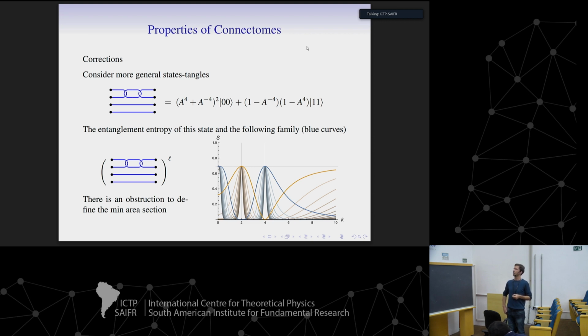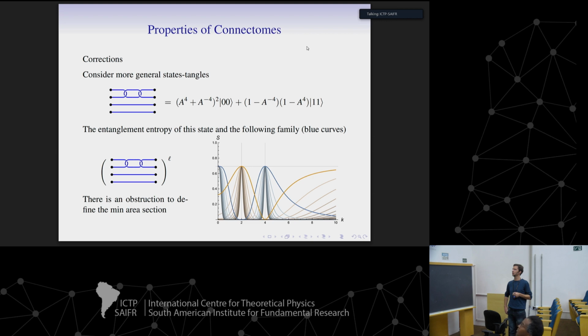You can consider a whole family of states by taking the Lth power of this combination, concatenating the same diagram many times. Here you see that the entropy as a function of k, except for a few values of k, especially for large k, decreases. And if you consider higher powers of L, the entropy will be smaller and smaller each time.